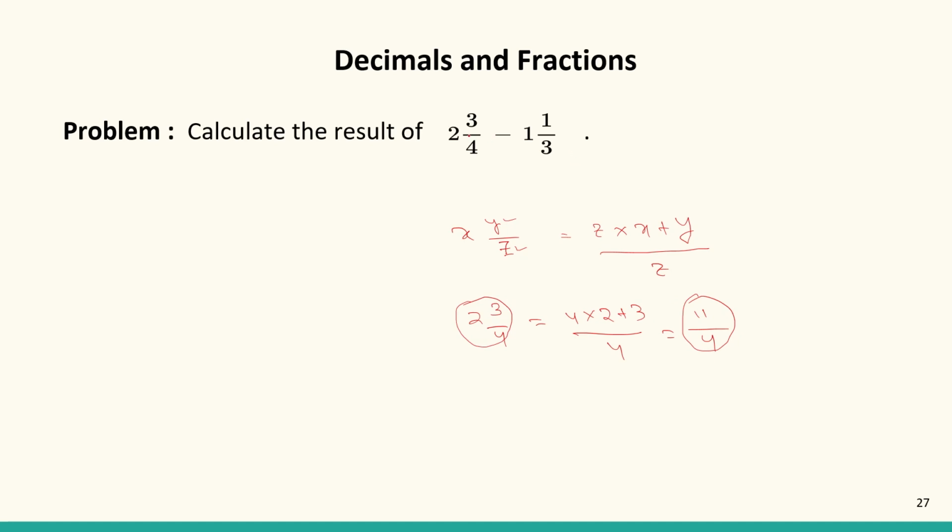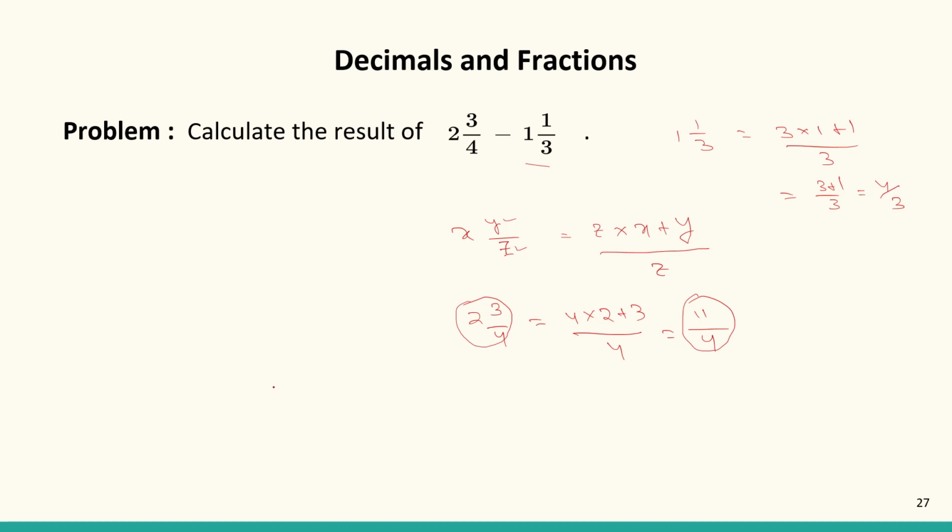Now let's convert these two individually and then subtract. For 2 3 by 4 we already know its fractional form. Let's see the fractional form of this: for 1 1 by 3, we have 3 into 1 plus 1 by 3, which is 3 plus 1 by 3, equal to 4 by 3.